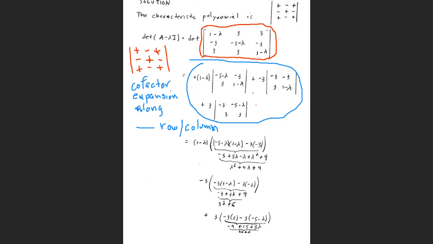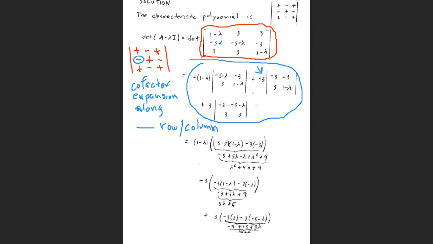If we were going down the first column, in front of that -3, what would be in front of there? Negative, right? And the negative of a -3 is a +3, and we have a -3 here. So good try, David.